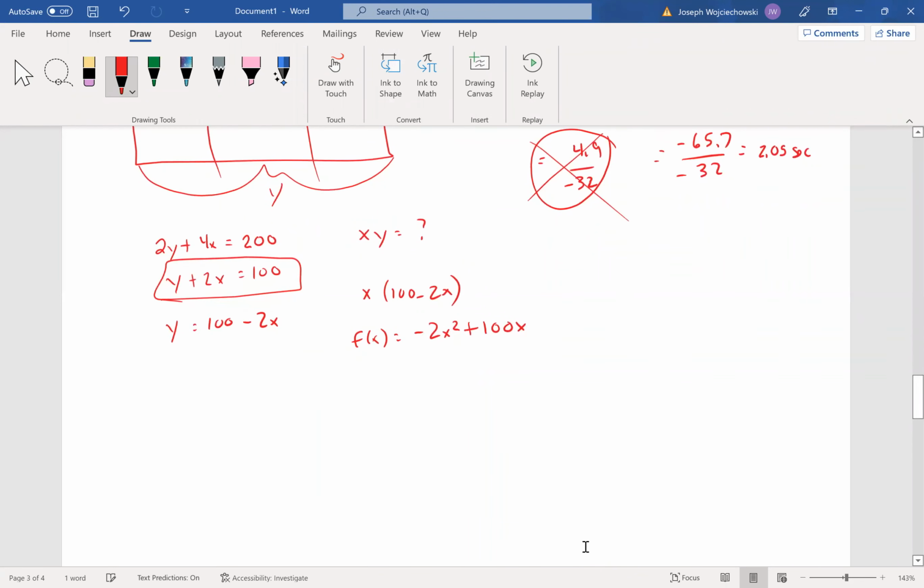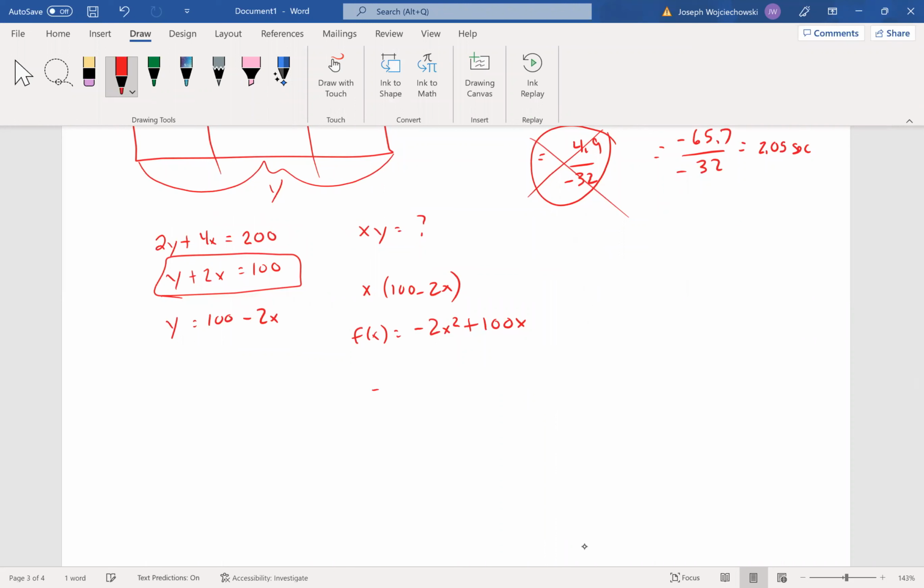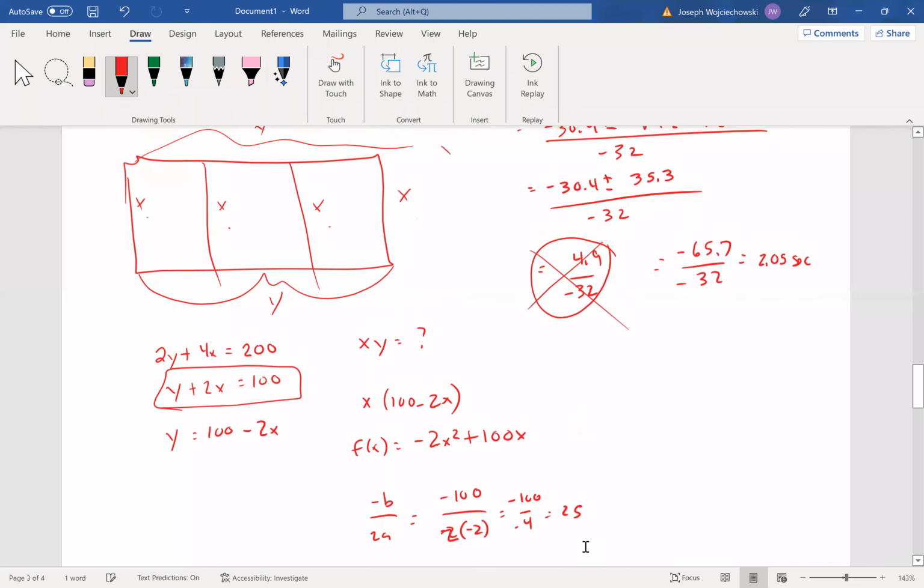I'm wanting to maximize this, so I can find the vertex of a parabola. Negative b over 2a equals negative 100 over 2 times negative 2, negative 100 over negative 4, which is 25. So if x is 25, y equals 100 minus 2 times 25, y equals 50. So now I know x is 25, y is 50.